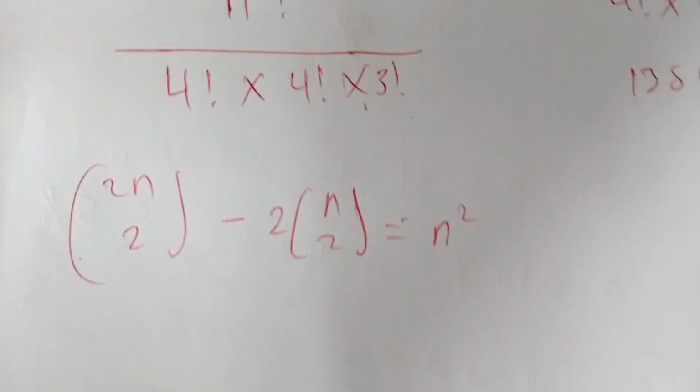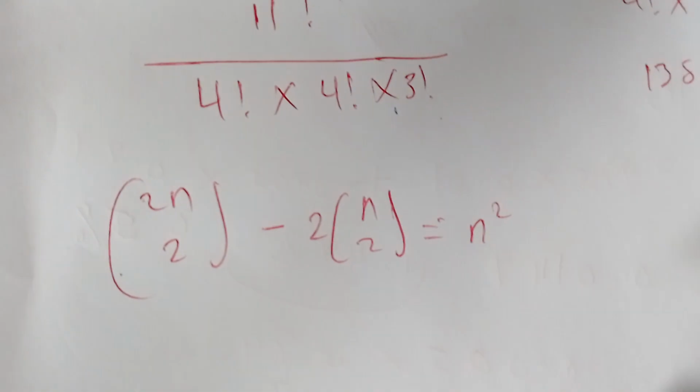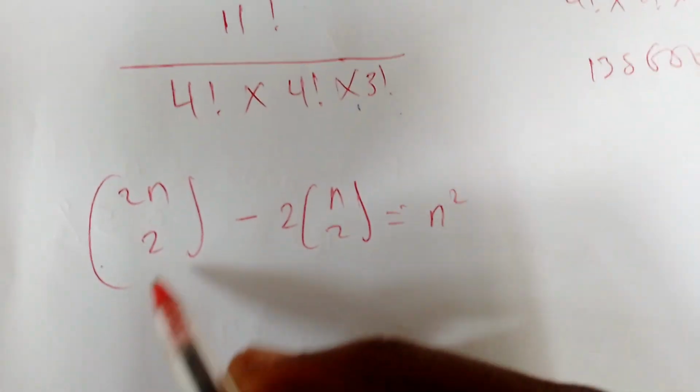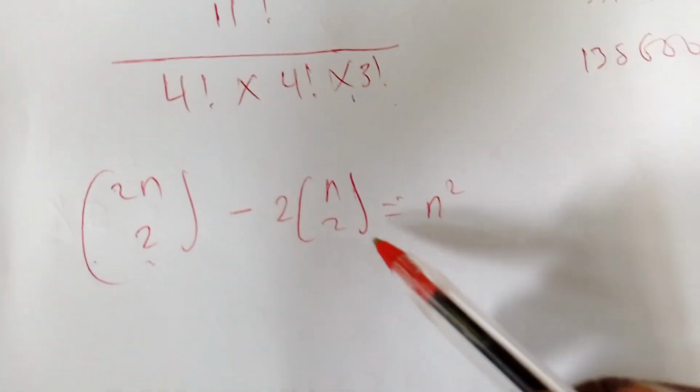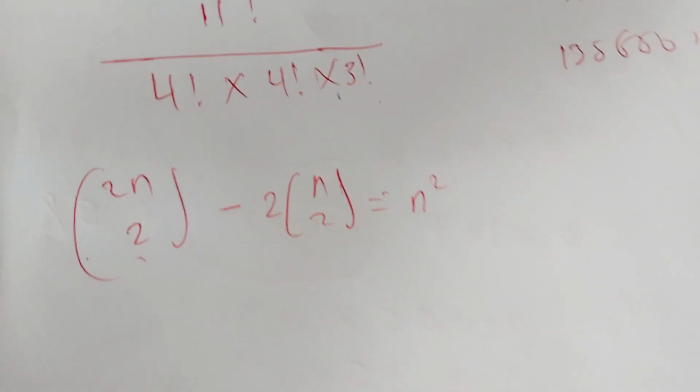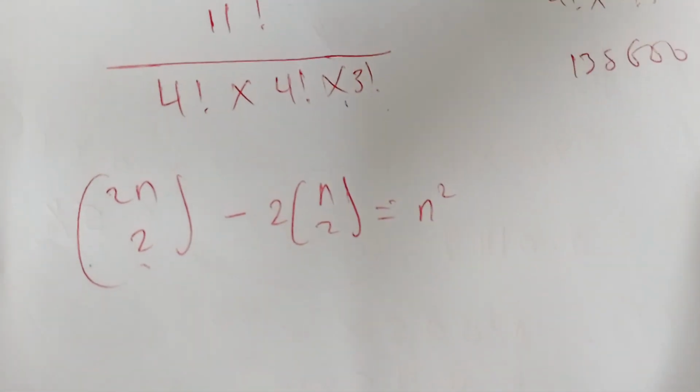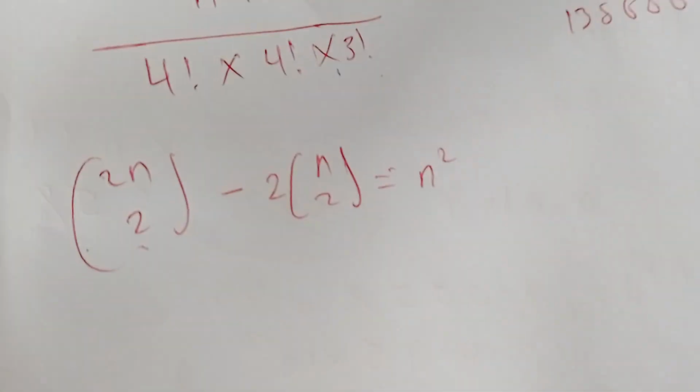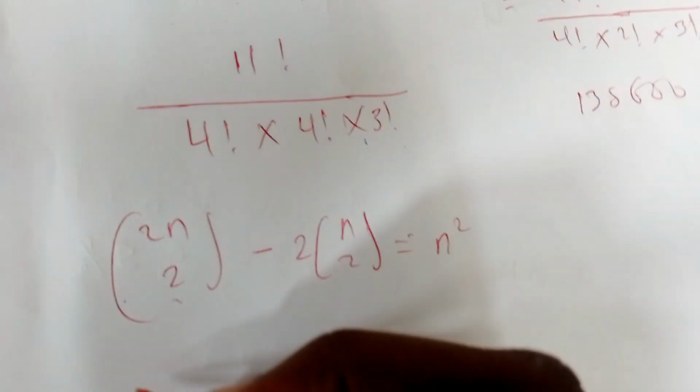Okay, so this is an interesting question, so let's solve this and we move on. So 2n combination 2 minus 2 times n combination 2 is n squared. Well, we don't know yet, but we can prove it. So how do we prove that?